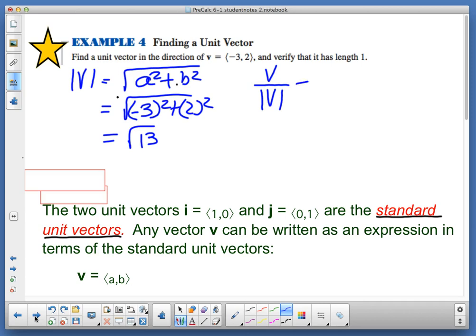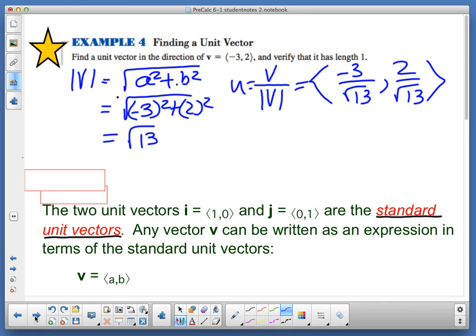So it becomes, if I'm looking at this, negative 3 over square root of 13 and 2 over square root of 13. Okay? Now, I have found my unit vector. That's my unit vector. If I'd like, I can represent that as the letter u, because it's different from v, my original vector, because it's a combination of v being divided by its magnitude.